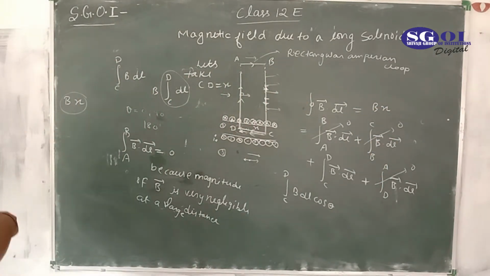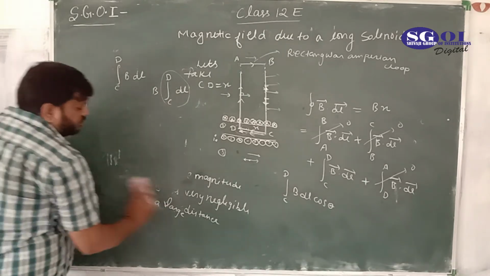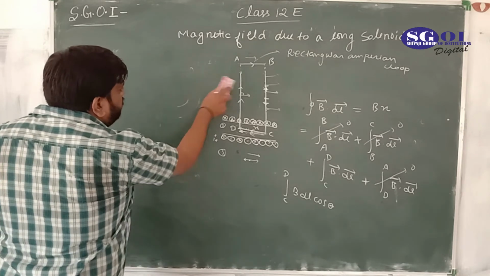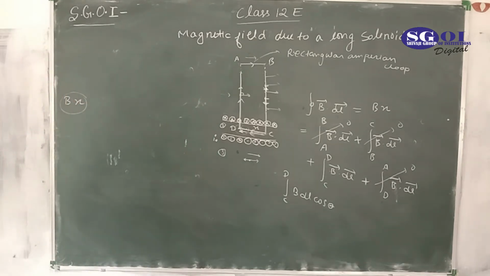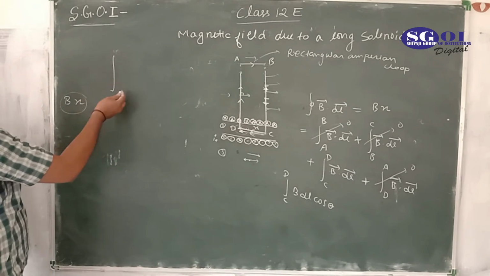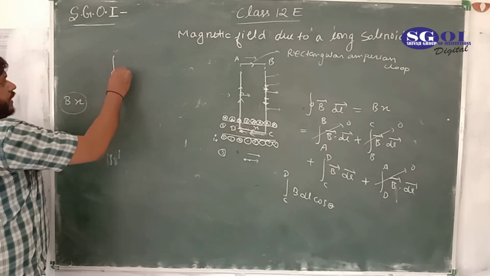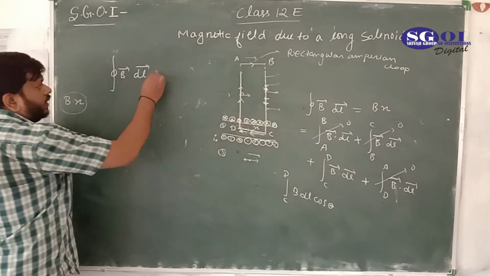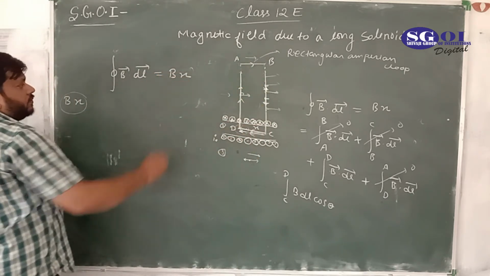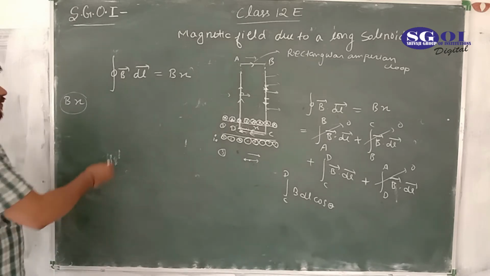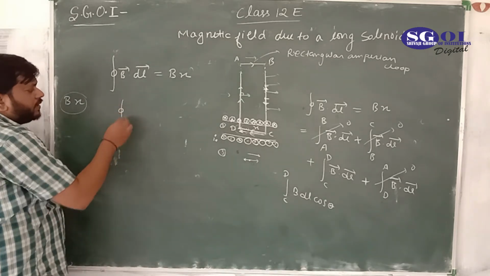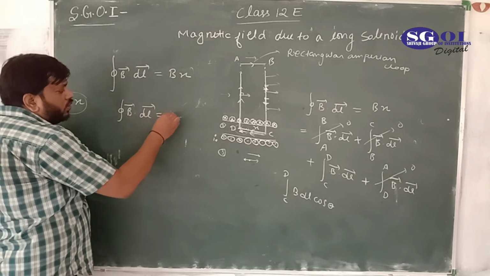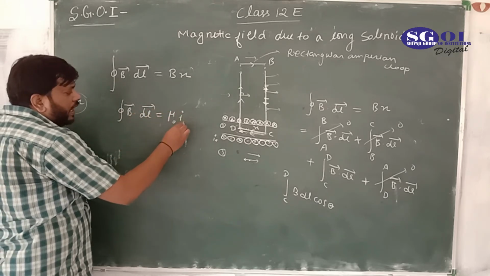Now the integration of B dot dl over this closed loop is equal to Bx. And we already have from Ampere's circuital law, closed integral of B dot dl equals mu naught times I net.